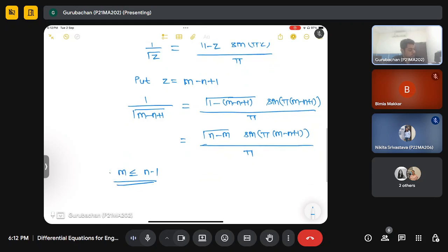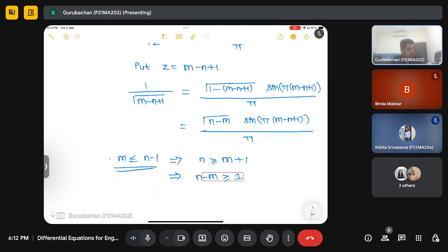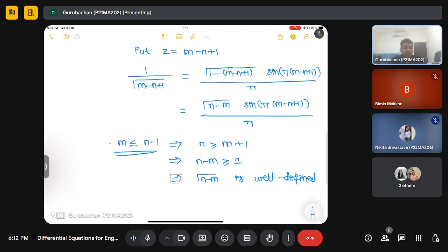From this you can conclude that n must be greater than or equal to m plus 1, or n minus m must be greater than or equal to 1. For these values, we know that our gamma function is well defined, that means gamma of n minus m is finite.